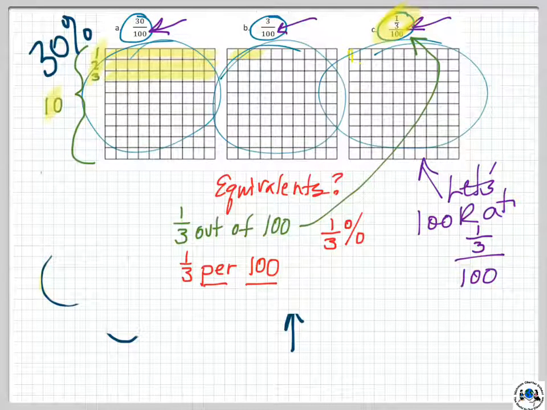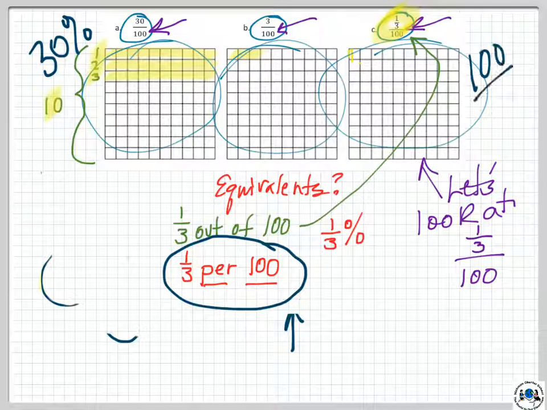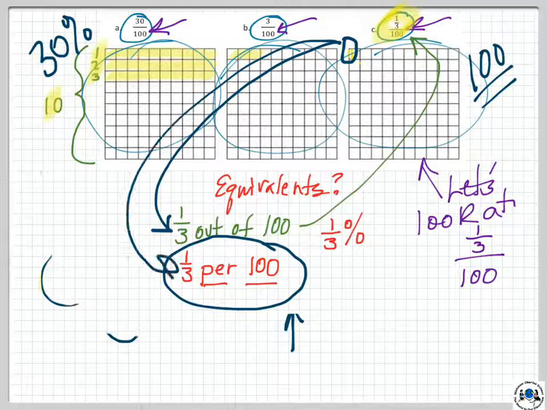1/3%, which is the same as 1/3 per 100, and you can see that right there. We have 100 squares in this picture, but we only have 1/3 shaded in. So we have 1/3 out of 100, or 1/3 per 100. That's written like this.